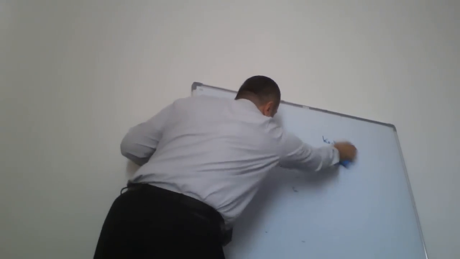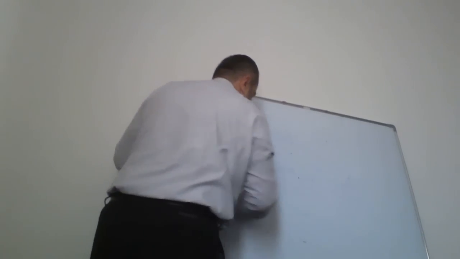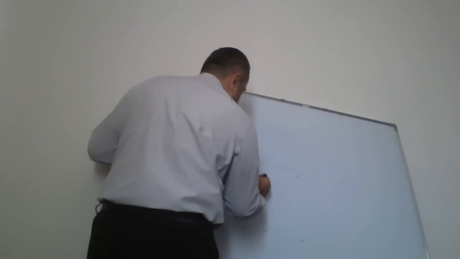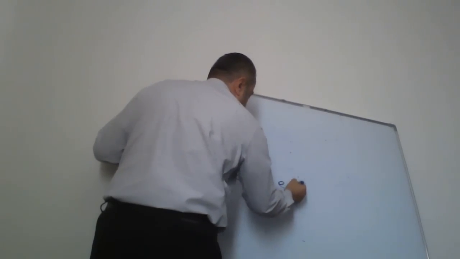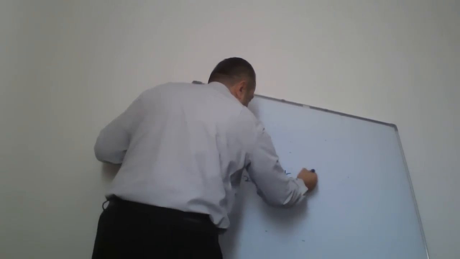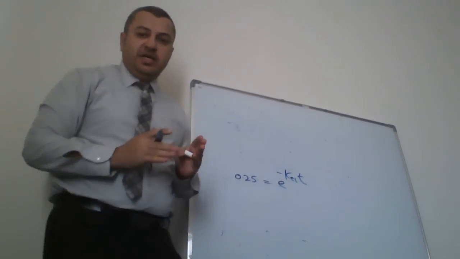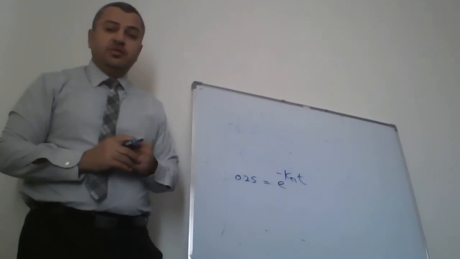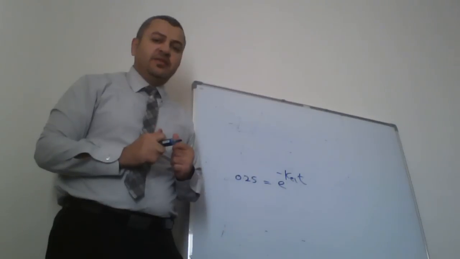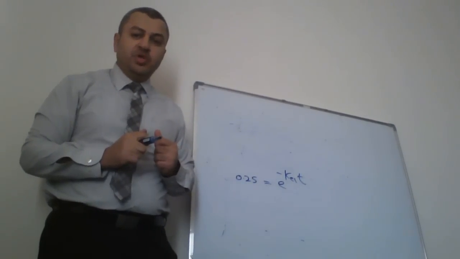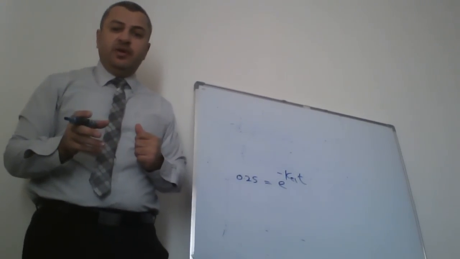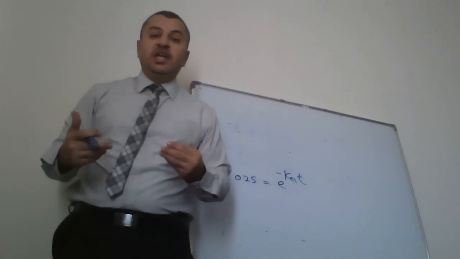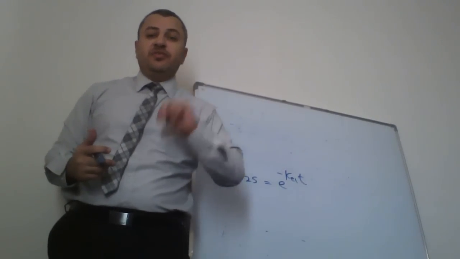In the same way I did it with the half-life. So 0.25 is equal to e to the power of minus KLP t. Take ln both sides. Okay? And you will find that actually to reach 0.75 of CPSS, meaning 75% of CPSS, you will need 2 half-lives of the drug.